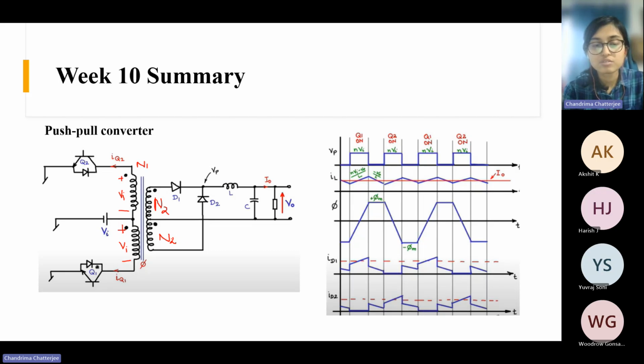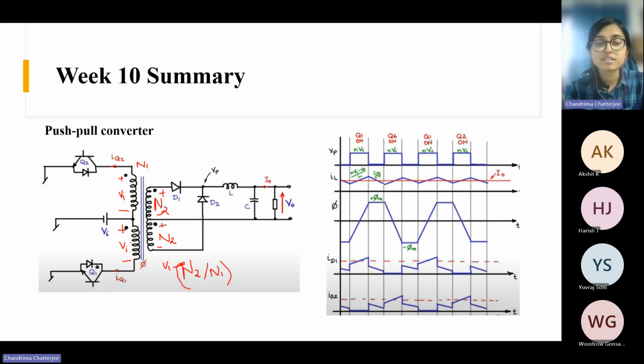So here the induced voltage will be Vi times N2 by N1. Okay. That will be the induced voltage in each winding of the center tap, because there are two windings here. Like this, the voltage will get induced.